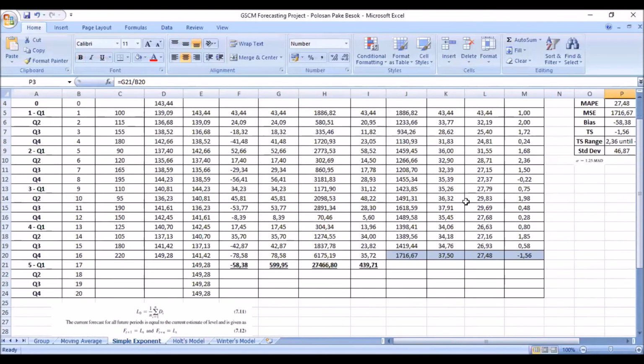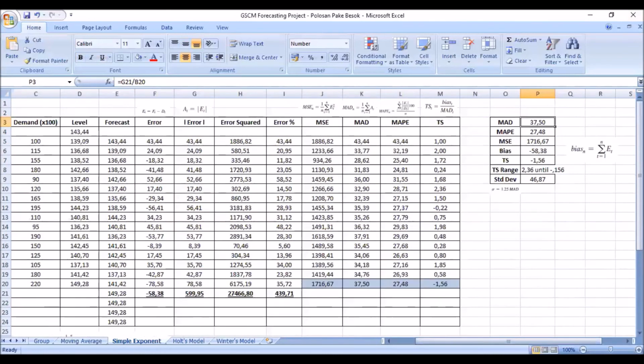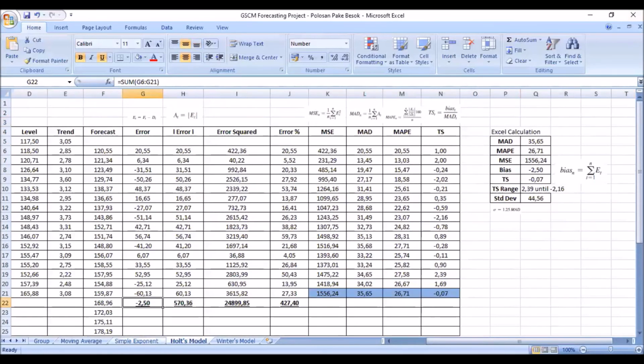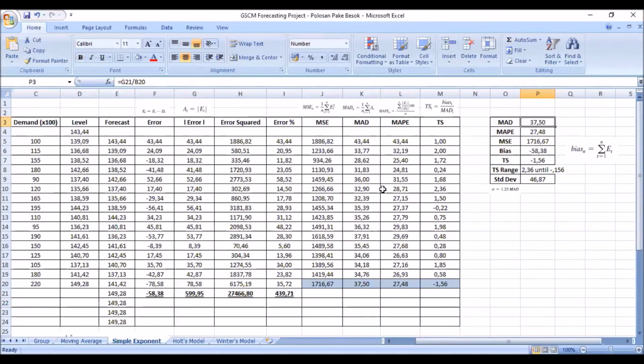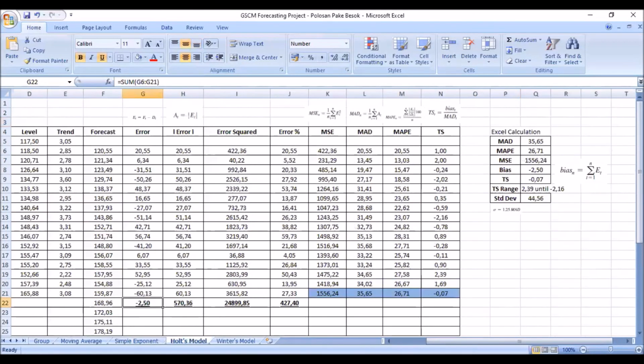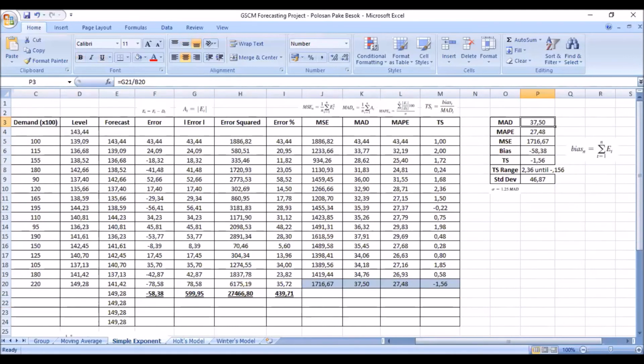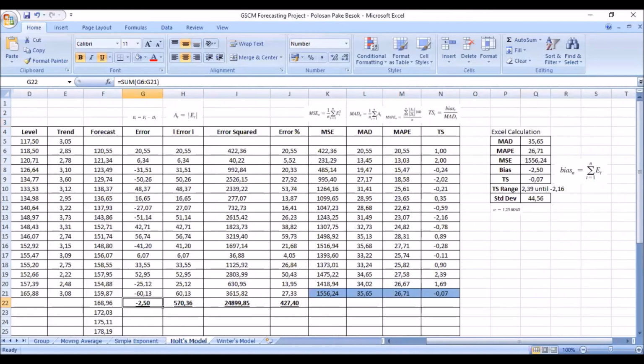But when compared to simple exponential smoothing, the Holt model is way better because it has trend, but still, the difference in MAT, MAP, and MSE is not that significant, and the results are quite similar. The difference is that the Holt model has trend and arguably lower error, despite a higher MAT, MAP, and MSE, and it has a lower bias, TS, and a better TS range.